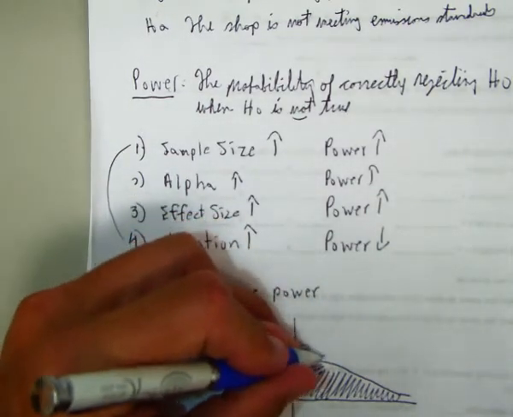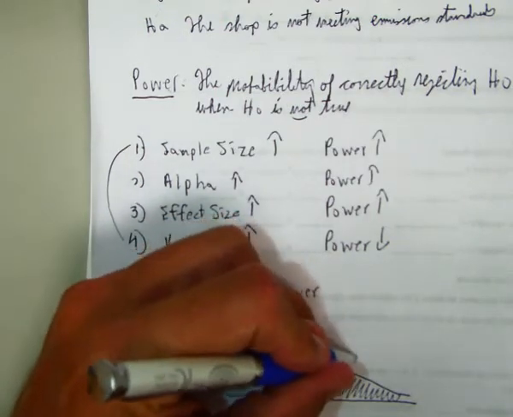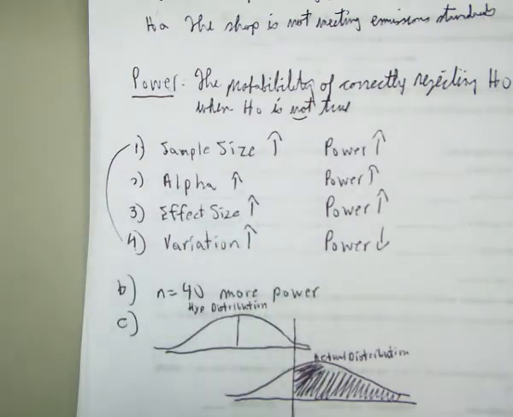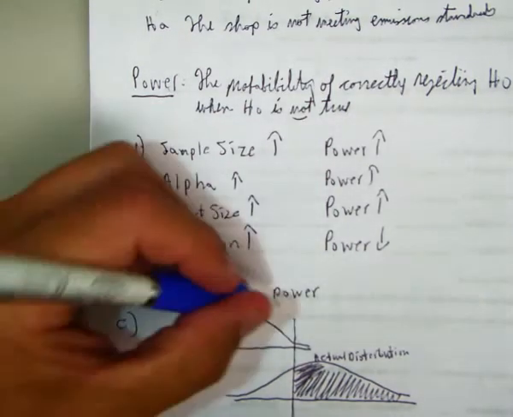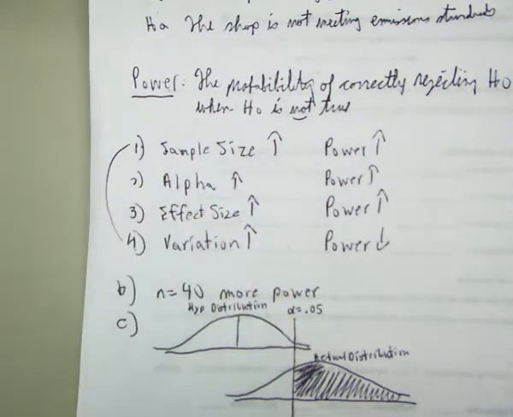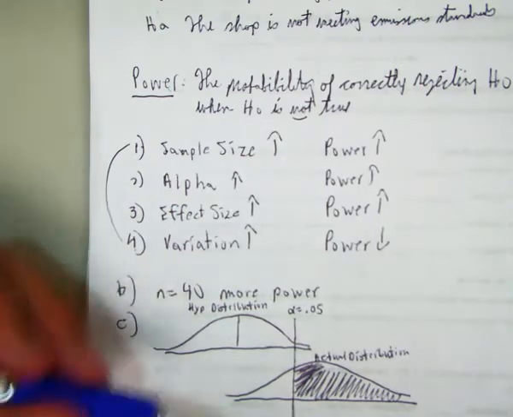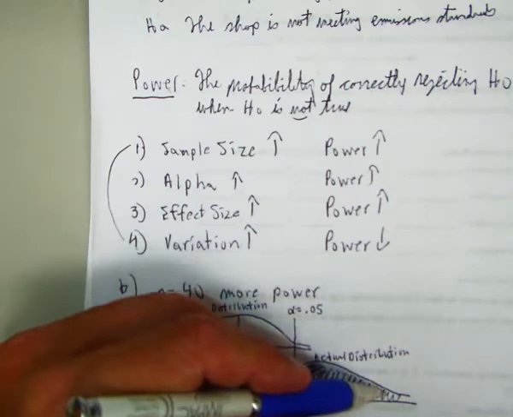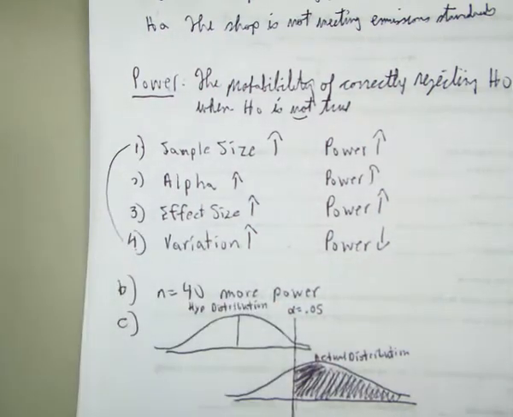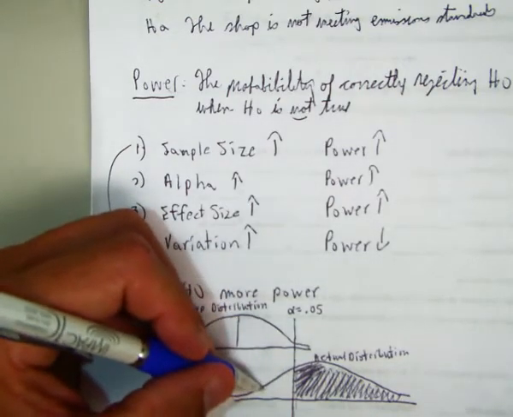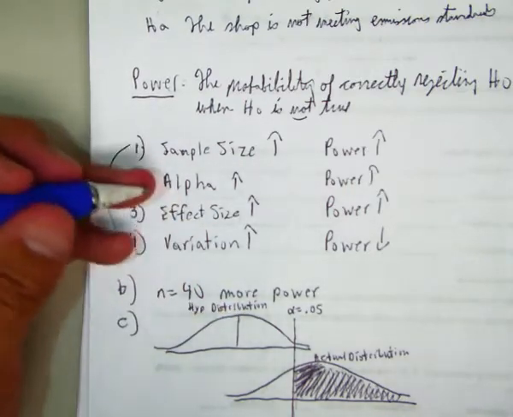But here's the actual distribution. Okay, so let's say that we're going to reject at the alpha equals 0.05 level. Well, we have a probability of getting a sample that's in this region that's as big as the shaded region. We have a probability of incorrectly getting it in this region. That would be beta, that would be type 2 error.